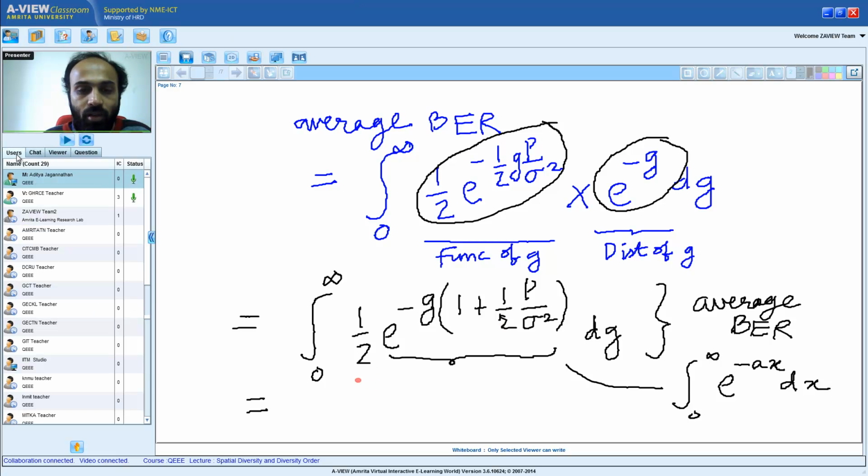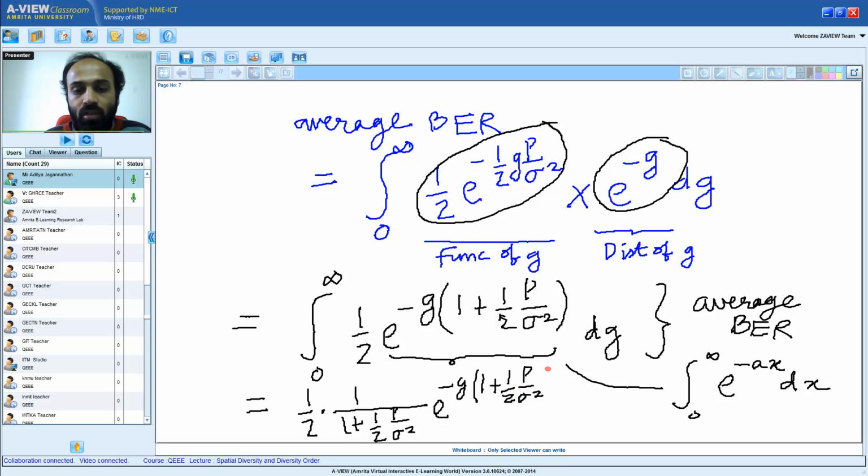So this integral is nothing but 1 divided by 1 plus half P over sigma square times e to the power of minus g, that is, I am first evaluating the indefinite integral, in fact with a minus 1, between the limits 0 to infinity.